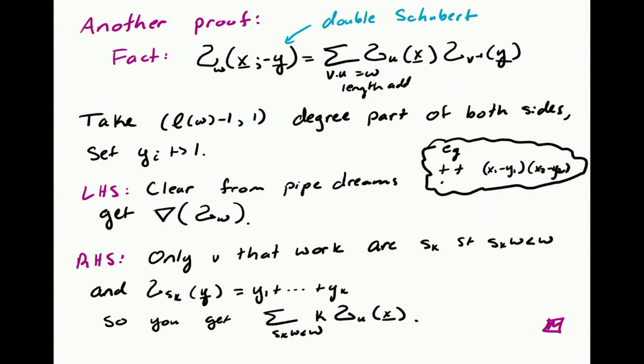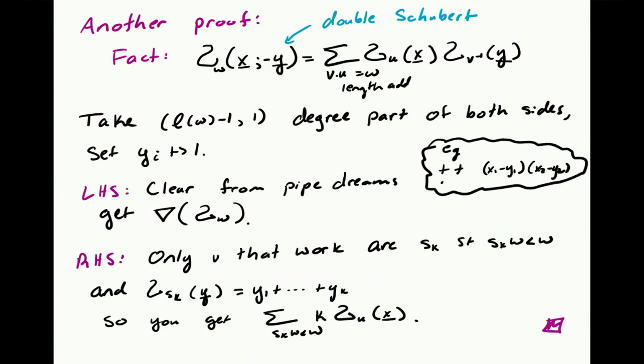So look for all the degree 1 in Y's, and extract these from both sides of this equation, then set Yi equal to 1 for all i. So the left-hand side, it's clear from the combinatorial formulas that we have, like pipe dreams and bumpless pipe dreams, where we have products of a bunch of binomials being summed up, that we really do get the result of this derivative operator.